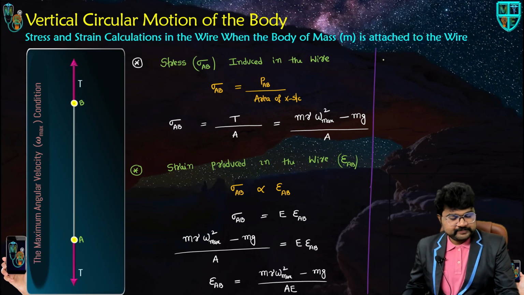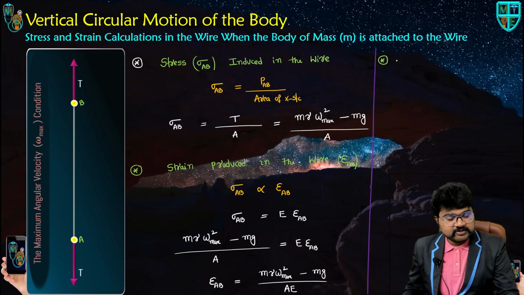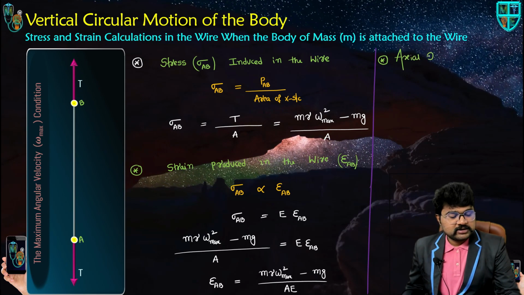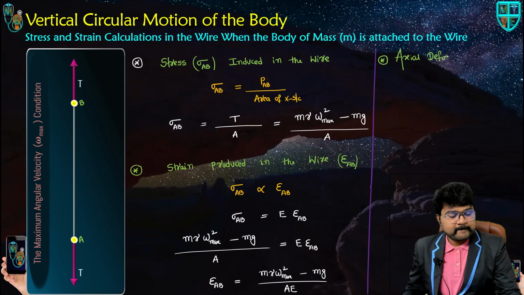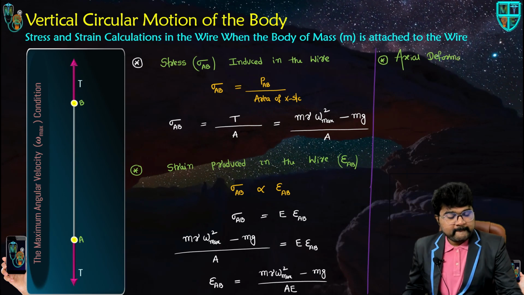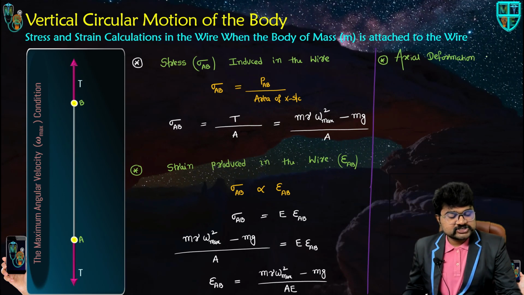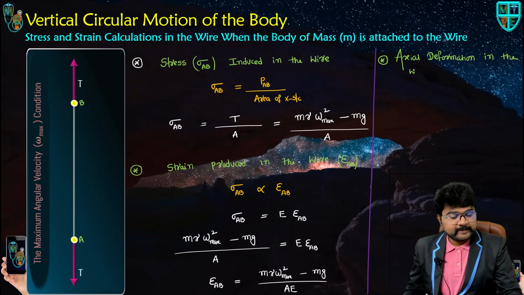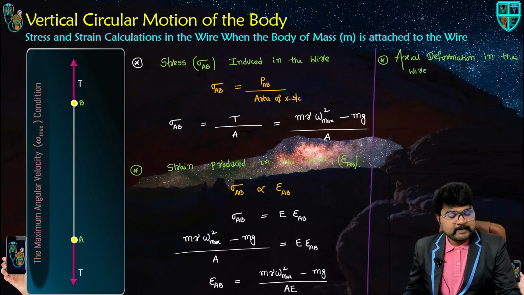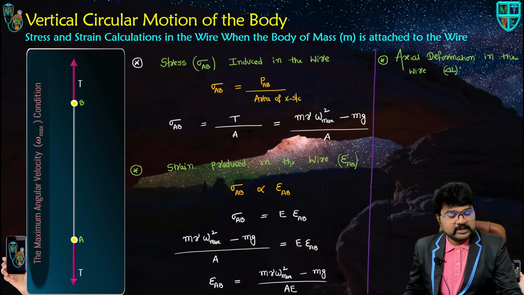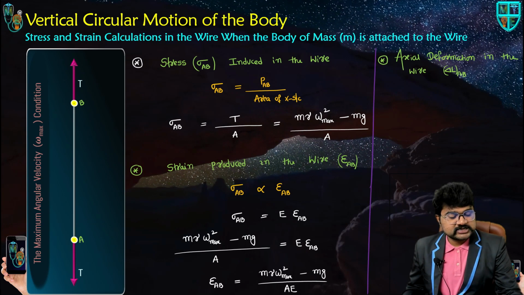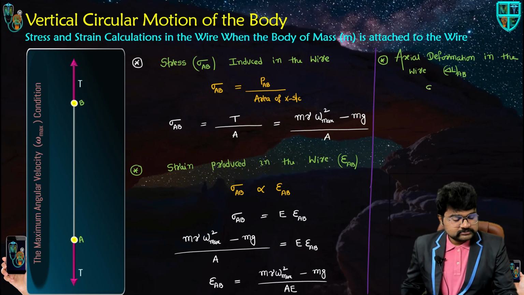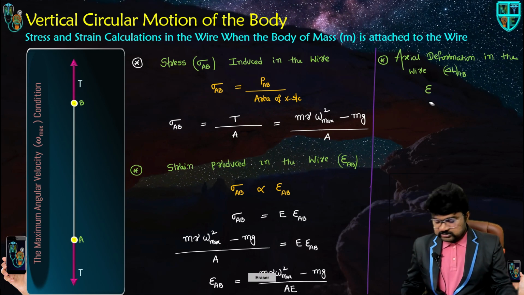I want to calculate axial deformation in the wire, delta L AB. This is the axial deformation in the wire. Epsilon AB.